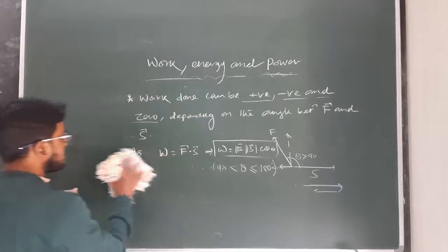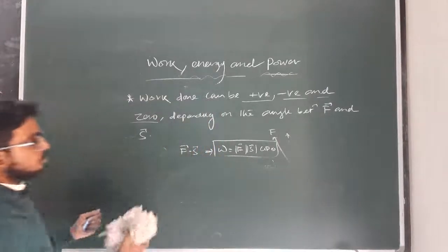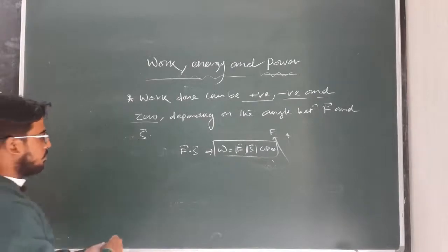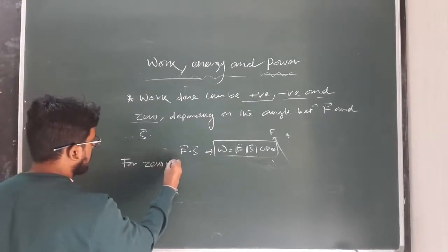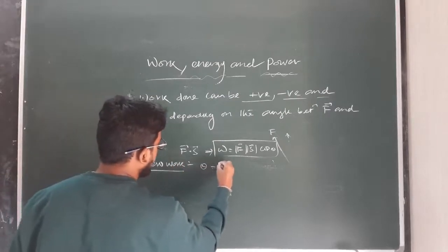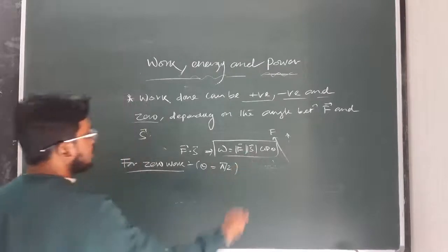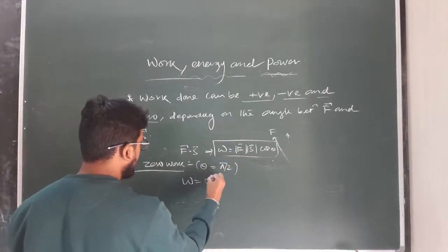Clear? So next, for zero work. So when the work will be 0, for 0 work, theta equal to 90. So when theta equal to 90, cos 90 will be 0, so work done equal to 0.